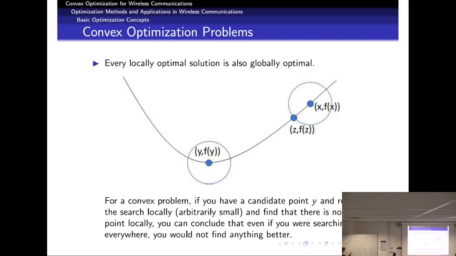If I move to the left, I move to the right, I see that actually this point is a local optimum. But I cannot conclude that this local optimum is the global optimum, right? While if the function was convex, and I have something, for instance, like this, if I find this point that is a local optimum here, I can say, okay, I'm sure that now this will be the global optimum solution.